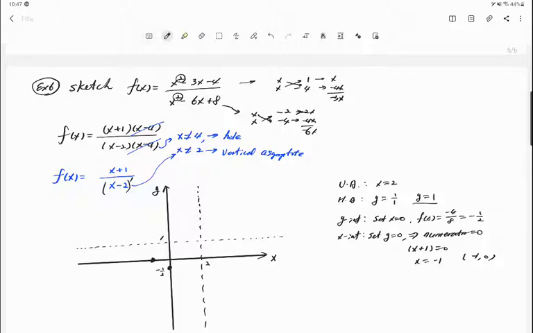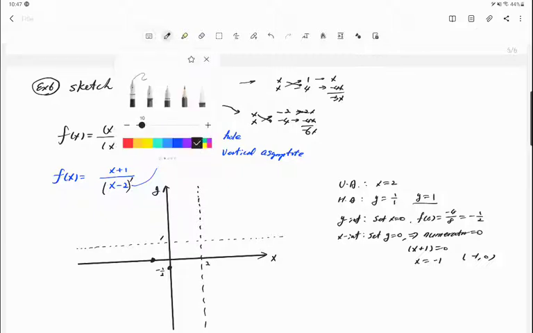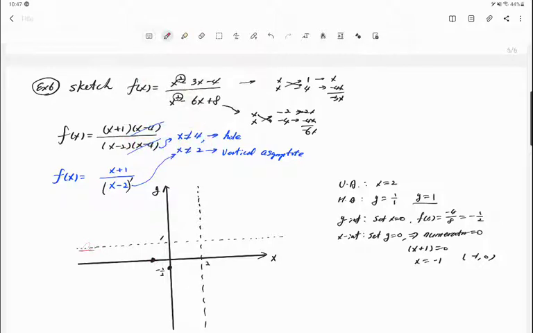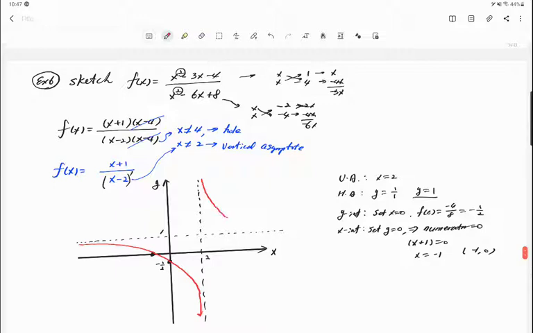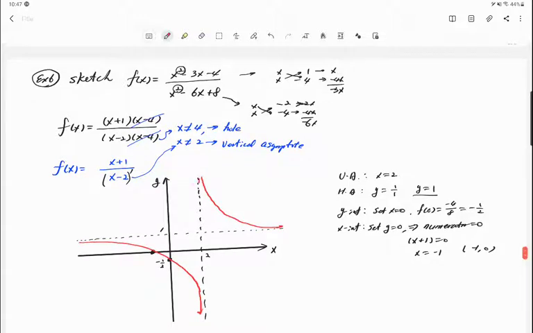Since we have the points on the y-axis and x-axis, the graph should connect these two points, like this, and the other branch on the other side like this. But when x equals 4, what is the y value?